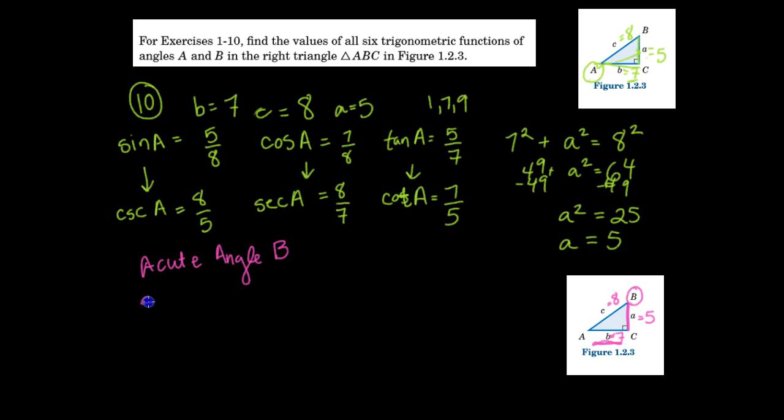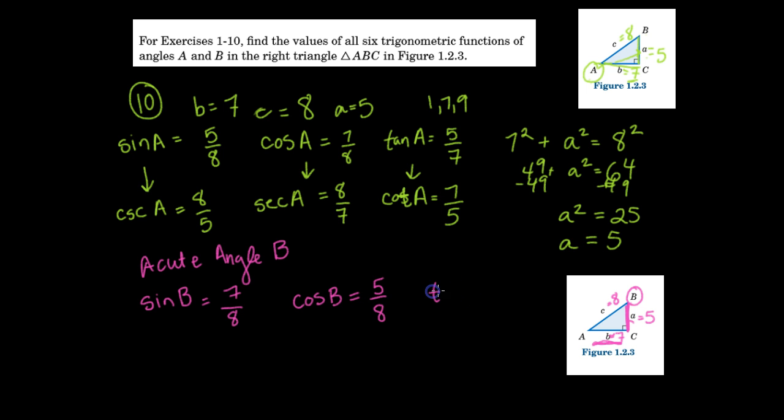So the sine of B is equal to opposite, so the opposite leg, which is 7, over hypotenuse, 8. The cosine of B now is the adjacent leg. The adjacent leg in respect to angle B is 5, or A. So it's 5 over the hypotenuse, 8.